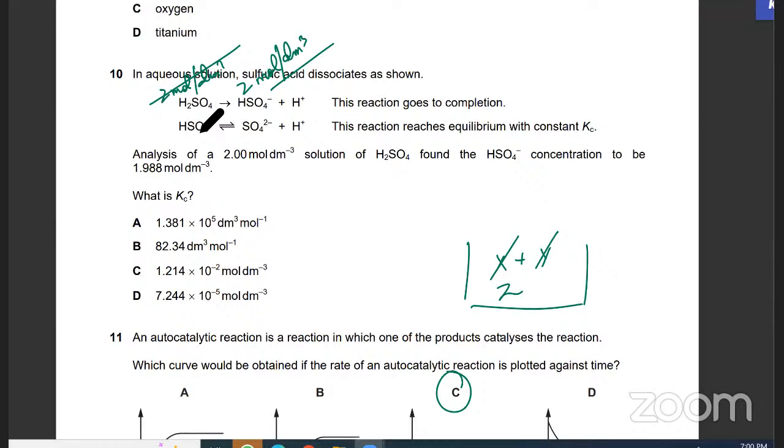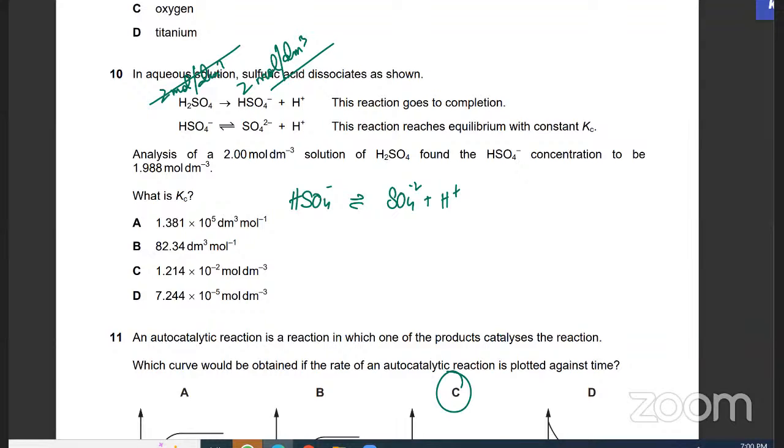So now let's do the equilibrium part. So I know at the start, before the second reaction happens, you have this reaction, the second one. The initial concentration of HSO4 minus ions is 2 mole per dm cube, right? And at the moment, there is no SO4 2 minus produced, there's no H plus produced.